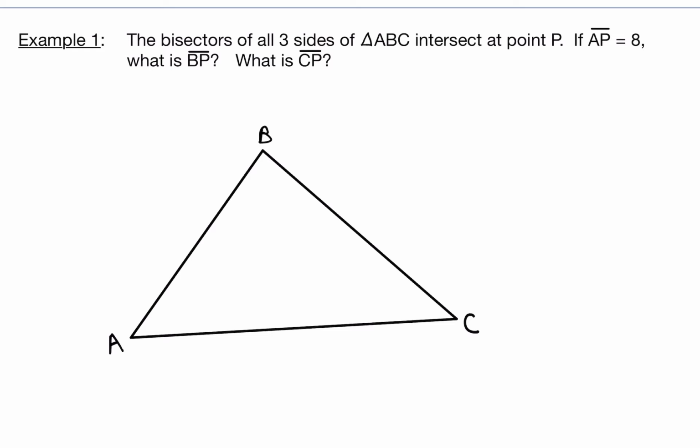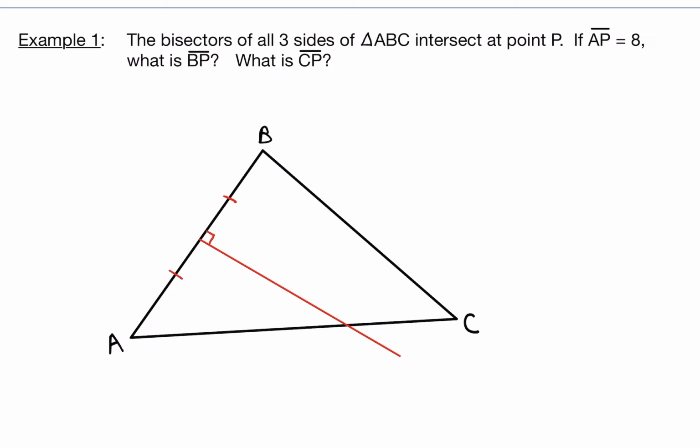Okay, so if we were to draw the bisectors of all three sides, they would look like this. We're bisecting, which means this is perpendicular, or 90 degrees, and the distances are the same on that side.